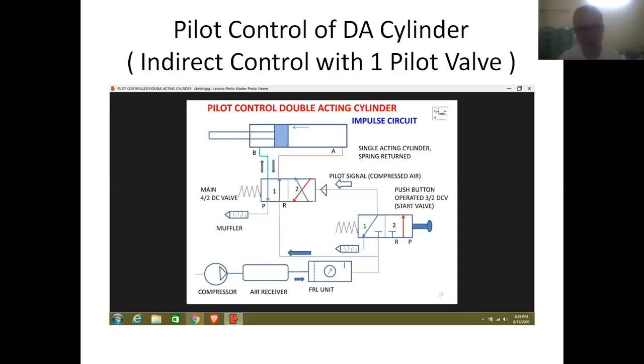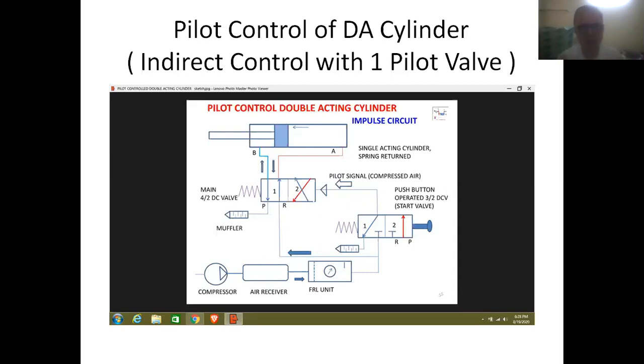So friends, we need two supply pipelines, two exhaust pipelines, two system pipelines, and one pilot pipeline. Totally, we are observing seven pipelines used in this particular system. All these pipelines are very essential for conveying fluid between the various elements of the circuit.